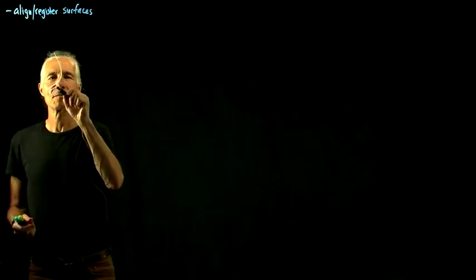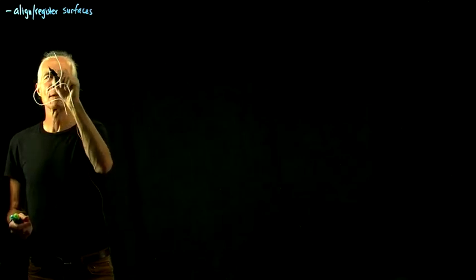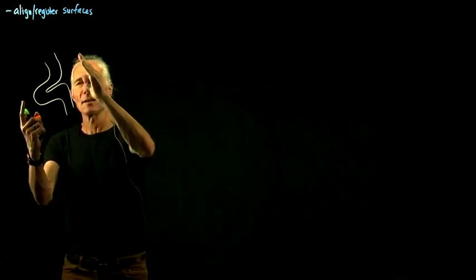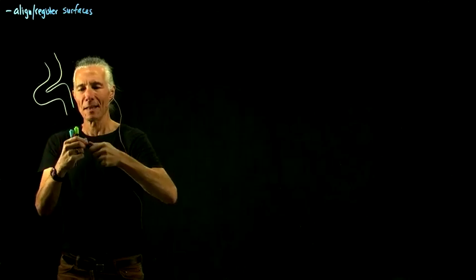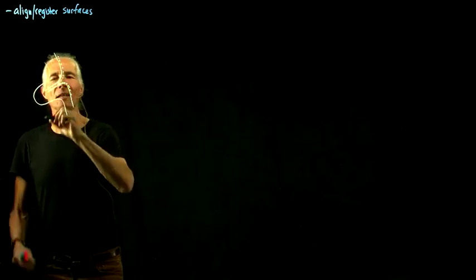So way back in the day when we first tried to reconstruct the cortical surface, we said, why don't we just shrink a known surface onto the cortex? And then we were hoping that we would be able to get that surface to go down into the sulci.